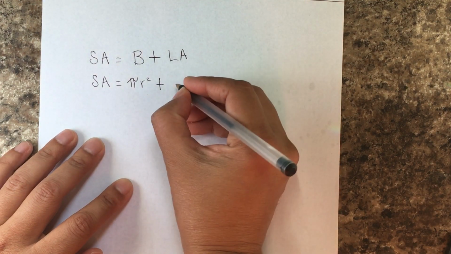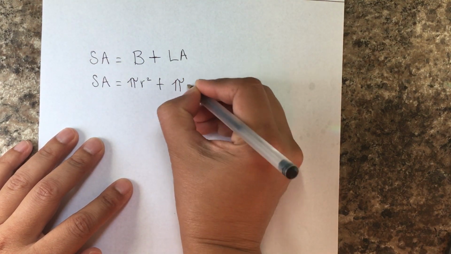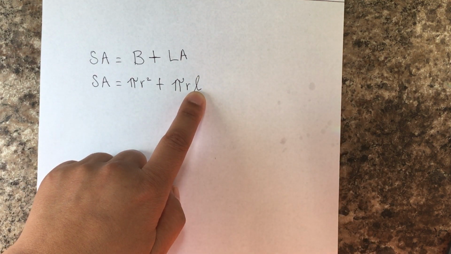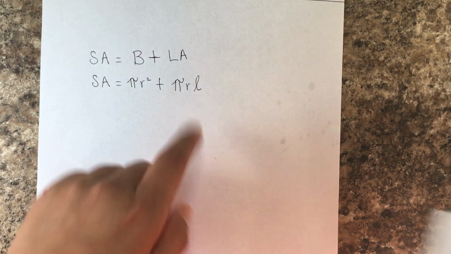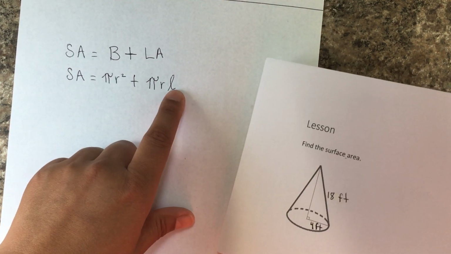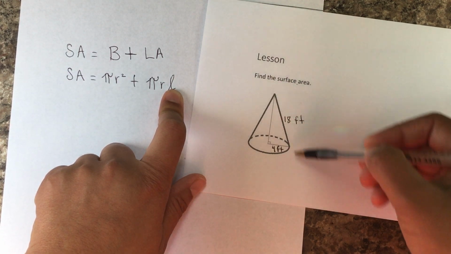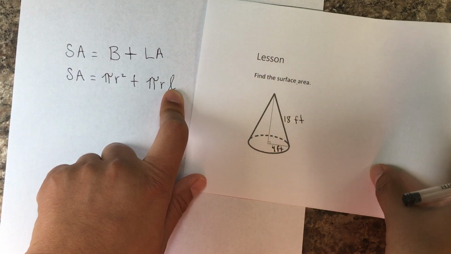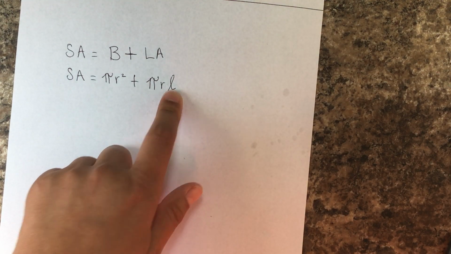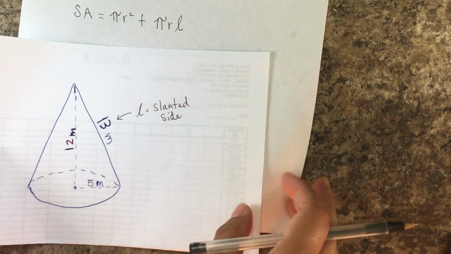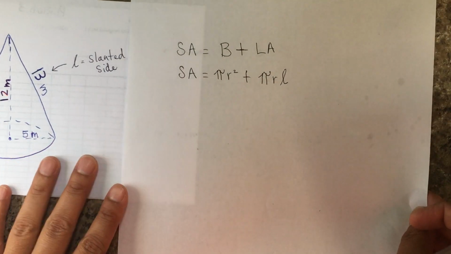So this lateral area is going to be pi r l, and l is the slanted side, so this part right here, okay? Okay, so let's begin with an example actually. So that's the formula for the surface area of this whole cone.